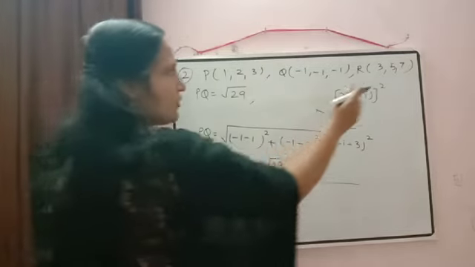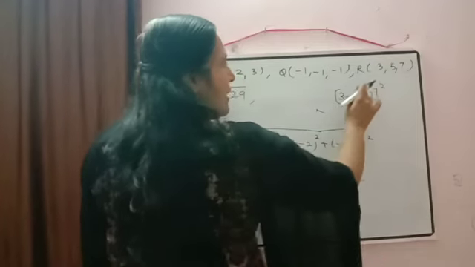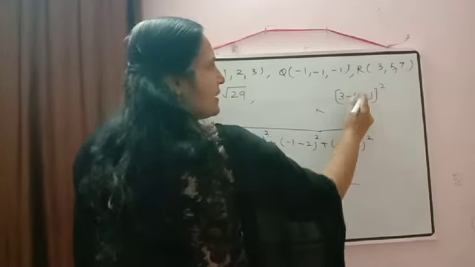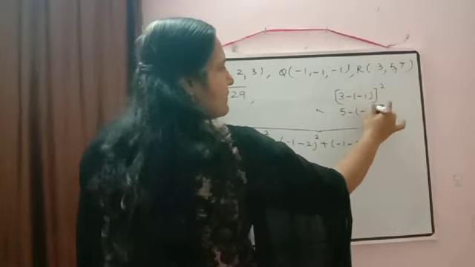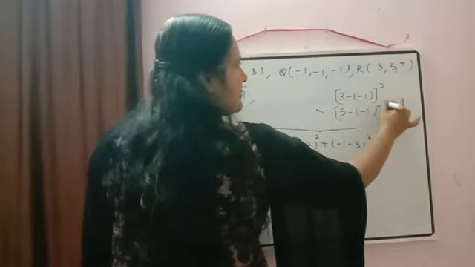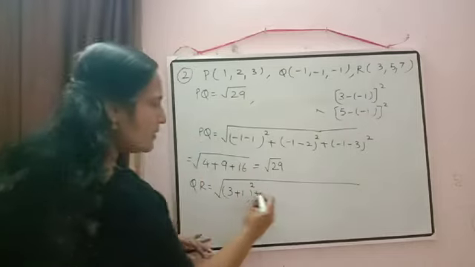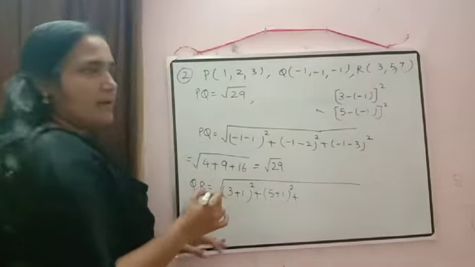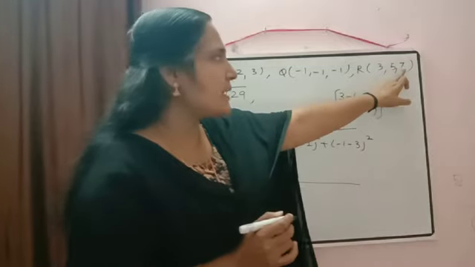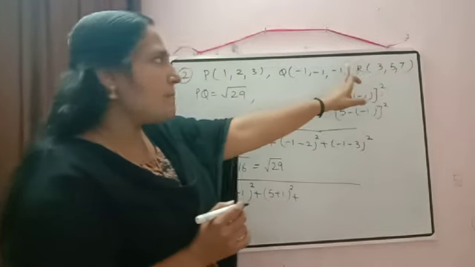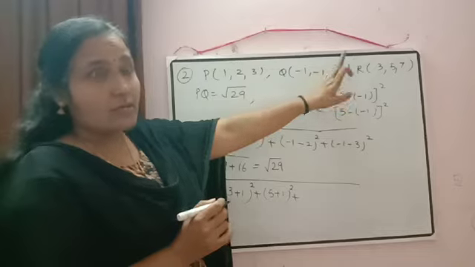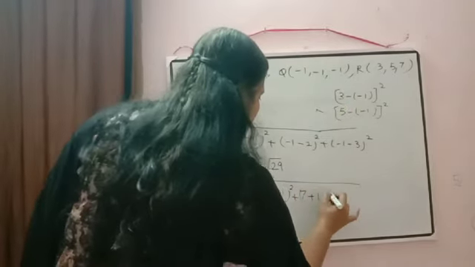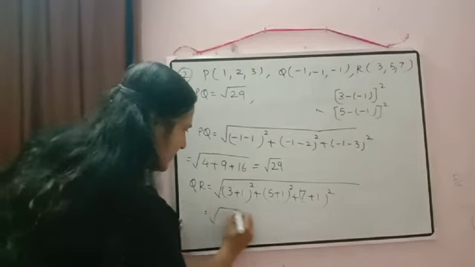Plus, next one, 5 minus minus 1, minus and minus will be equal to plus, so 5 plus 1 the whole square. Next also it will come in the same way, 7 minus minus 1, so 7 plus 1 the whole square. Now we will check what will come.